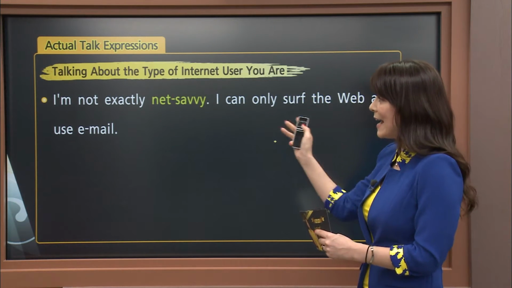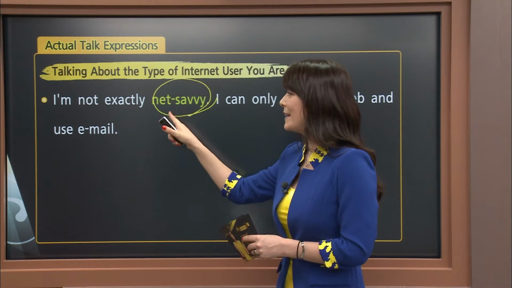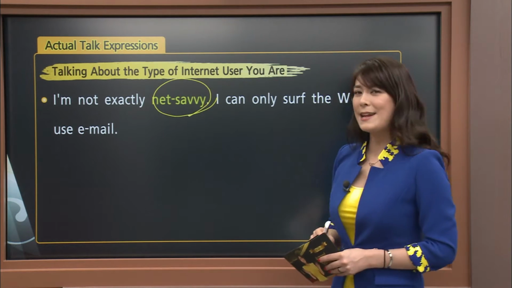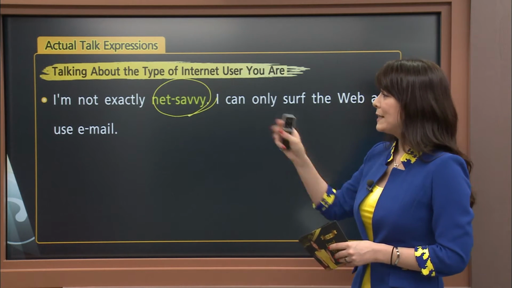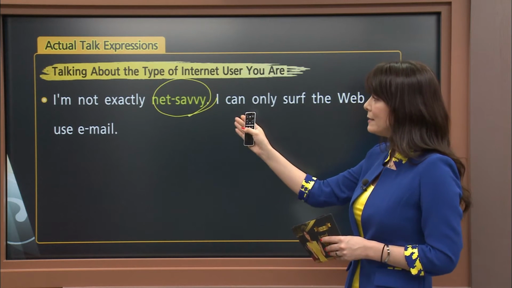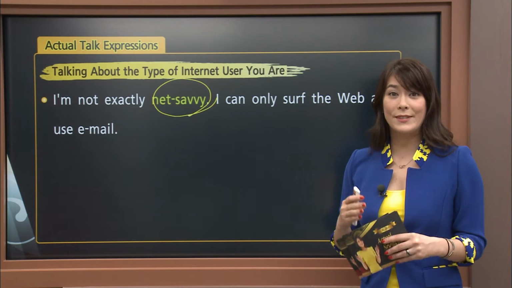So you can say, I'm not exactly net savvy. Net is, of course, short for internet, right, as we all know. And we said net savvy. What is savvy? You've also heard of tech savvy, for example. But savvy basically means to have a lot of knowledge on something, to have the skills.